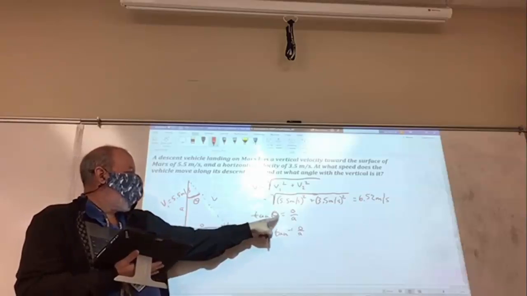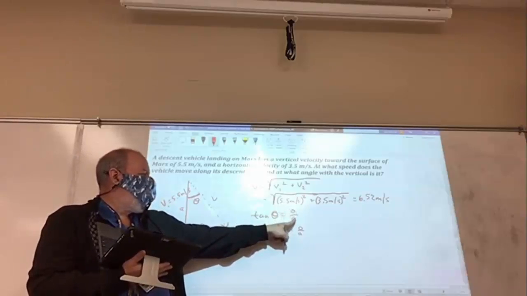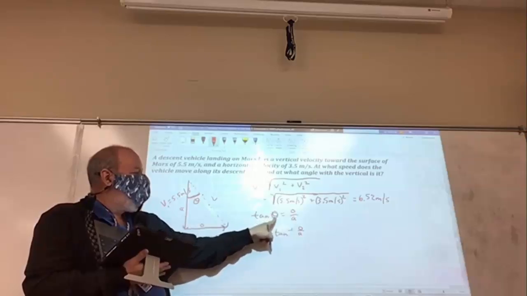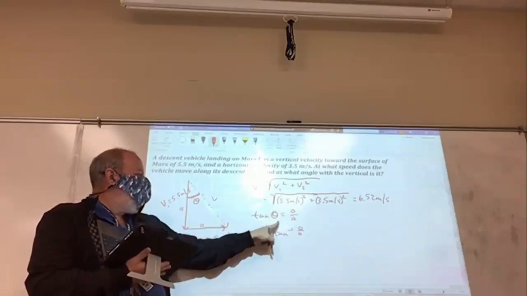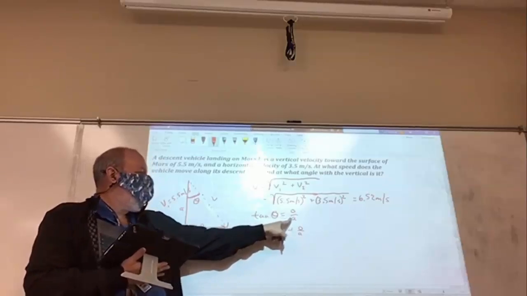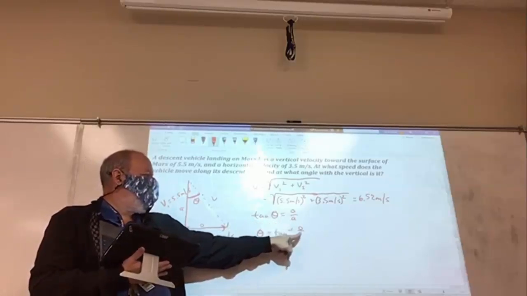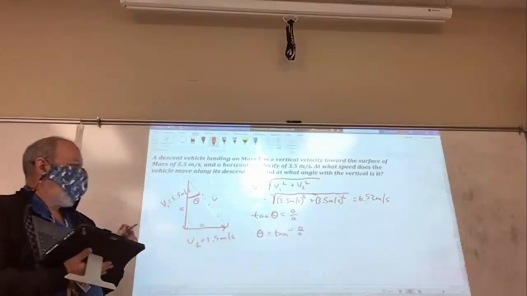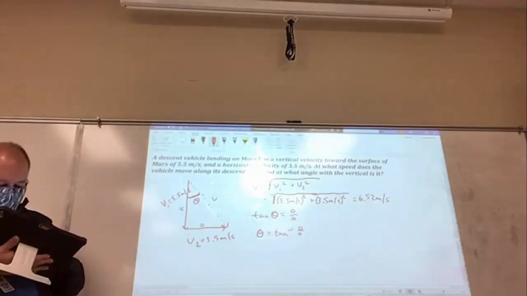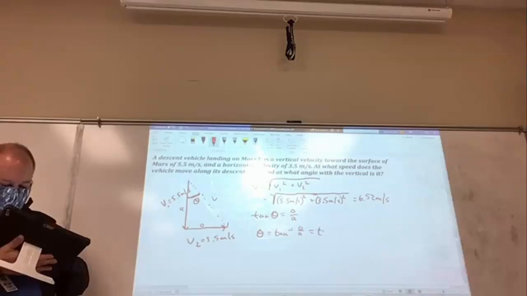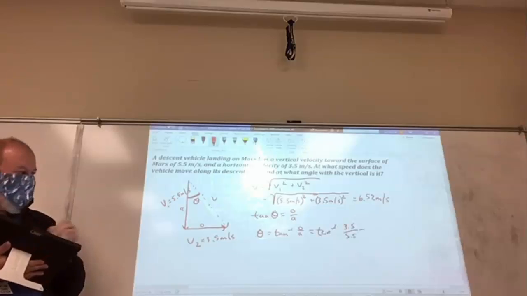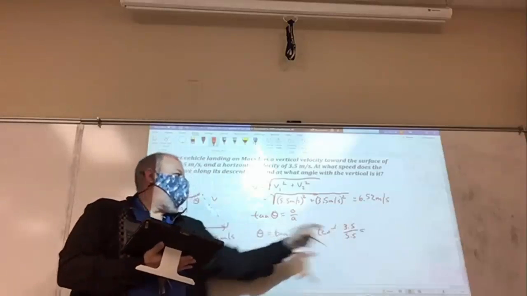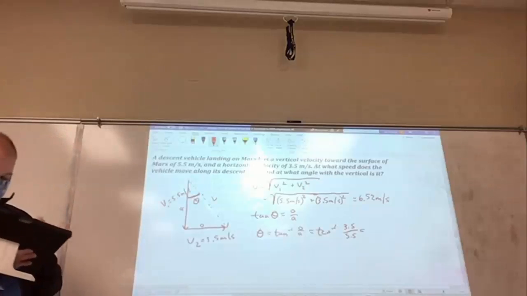I know that the tangent of this is the opposite over the adjacent, but wait a minute, I don't want the tangent, I want the actual angle. So the actual angle equals the inverse of this process, the inverse tangent of the opposite over the adjacent, which equals the inverse tangent of 3.5 over 5.5. And since this is just a ratio, I don't need to put my units in.